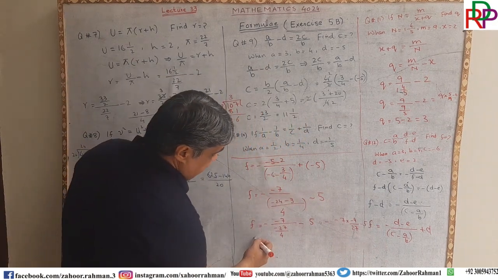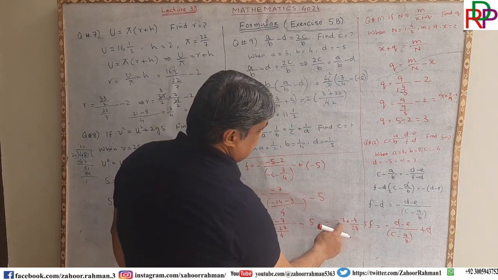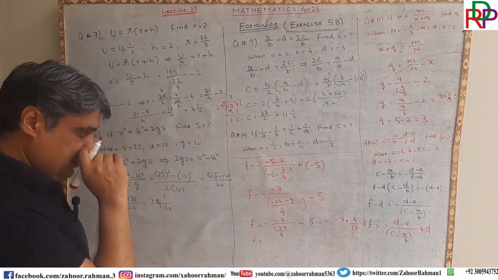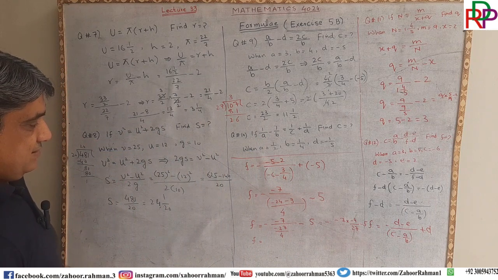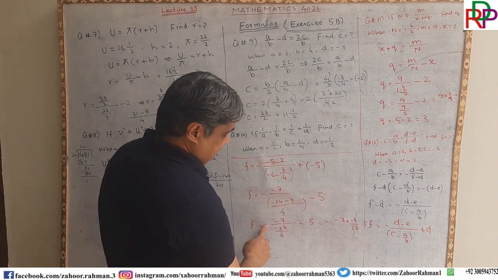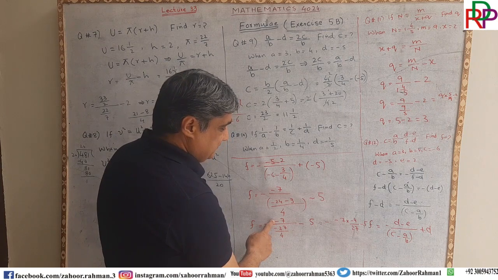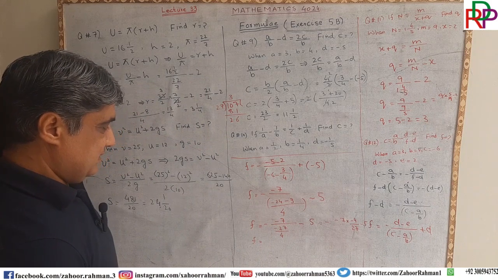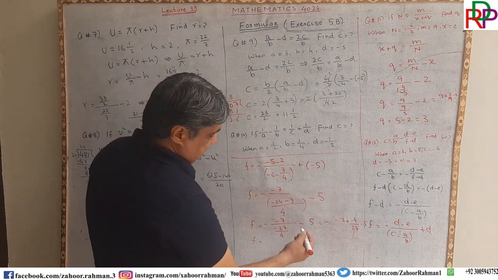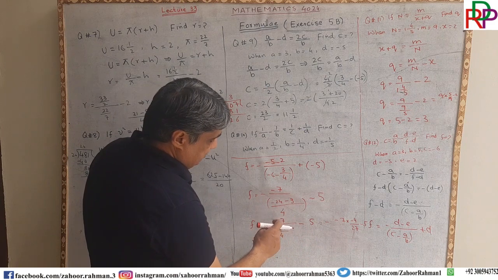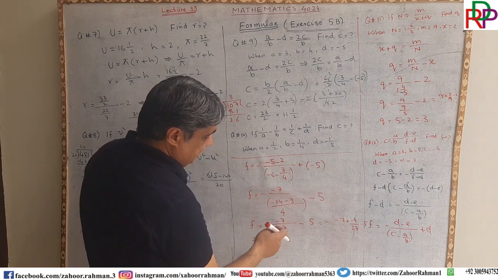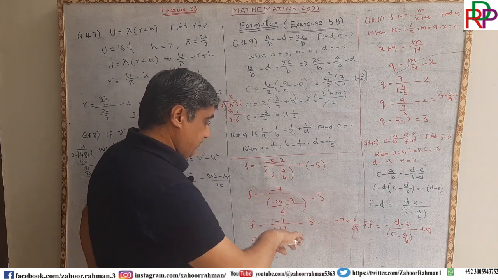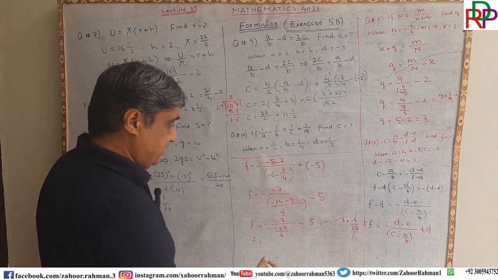Ladies and gentlemen, F is equal to this minus, and this minus will become positive. So here it is minus 27 divided by 4, when we reciprocate it, it will be minus 7 and minus 4 over 27 and minus 5.